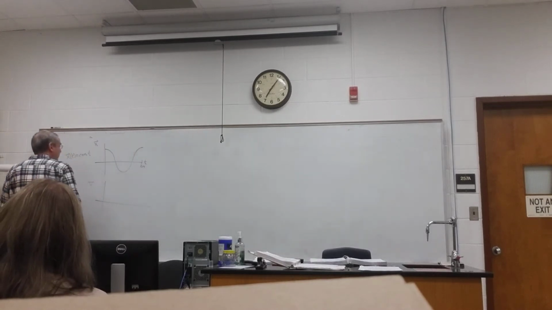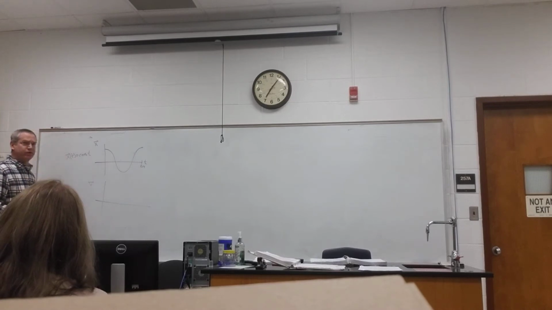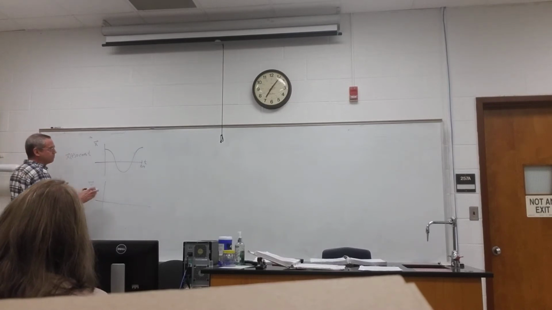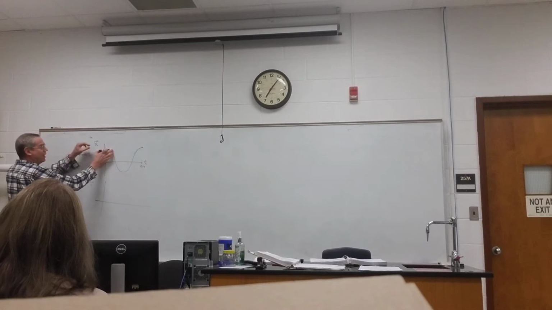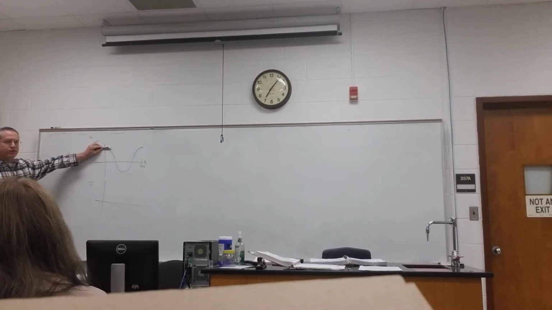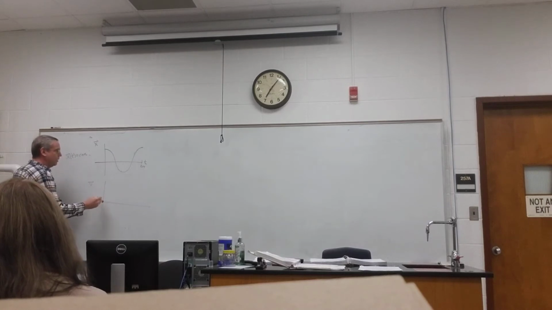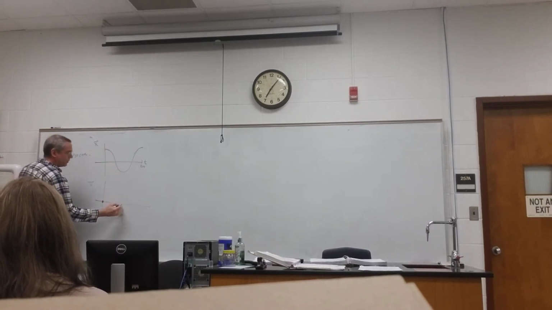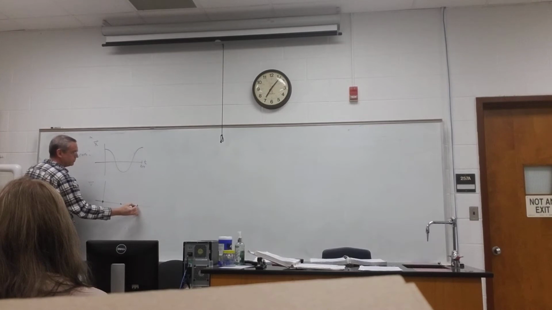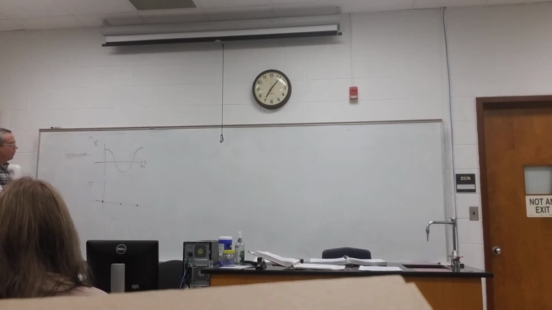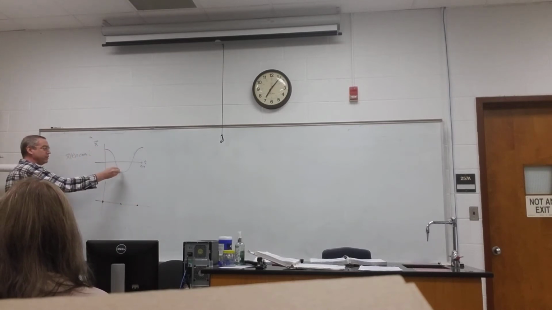When you're finding the slope of a curve, you're looking at the slope of the tangent line. So what is the slope of a line that is horizontal? 0. And so it's 0 here, it's 0 here, and it's 0 here. What can you tell me about the slope from here to here?